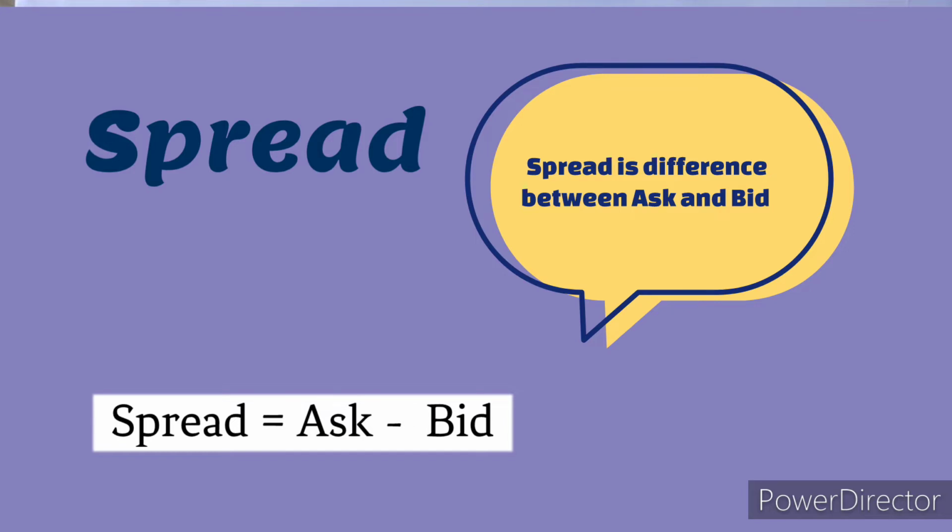And when you find out the difference between ask and bid, the answer is called spread. So, when you are dealing in foreign exchange currencies, and you find out the difference between the selling rate of forex and the buying rate of forex, then it is called calculation of spread.